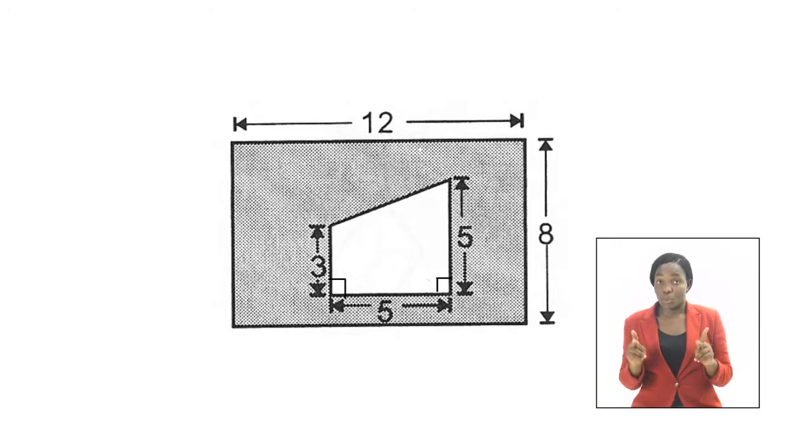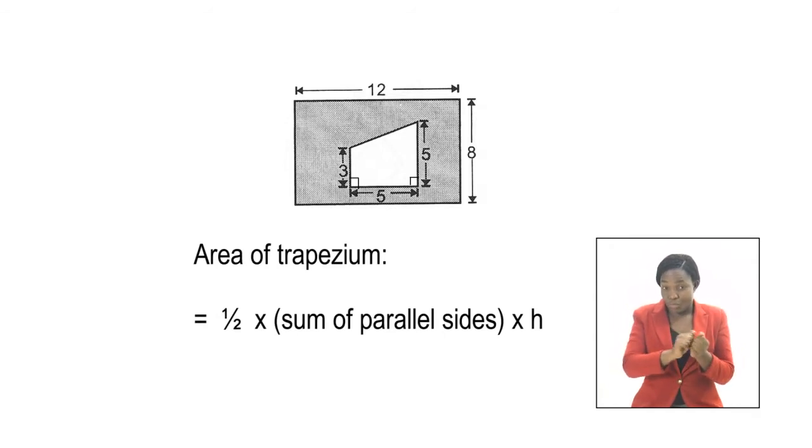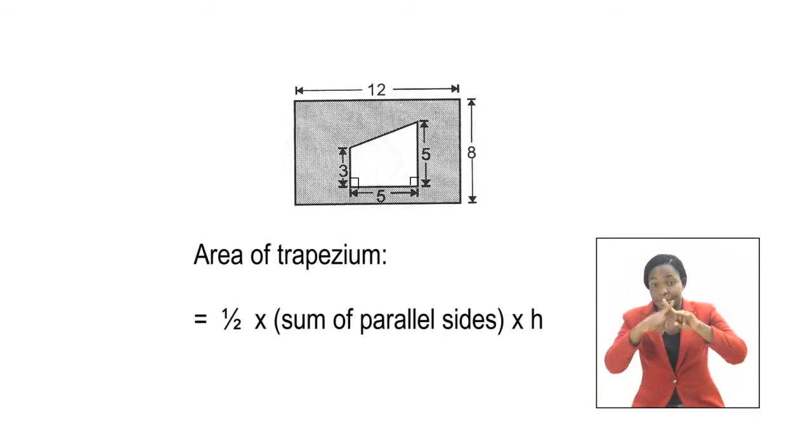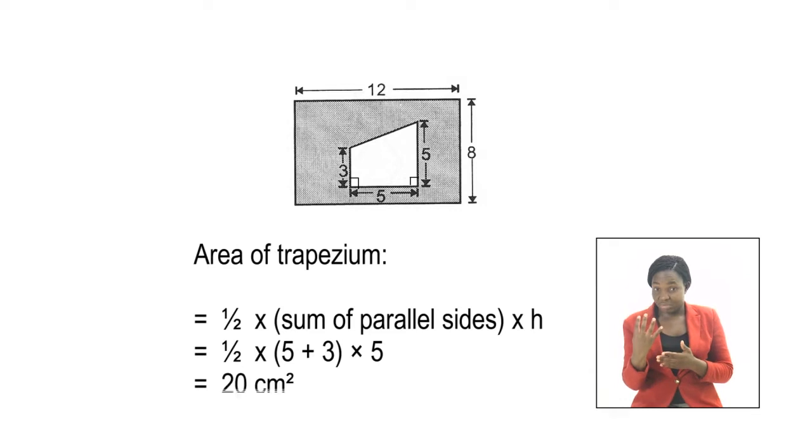Okay, let's see how it works out. Area is half of the sum of parallel sides times height. This means half of 5 plus 3, which is 8, times 5. Half of 8 is of course 4, times 5 is 20.